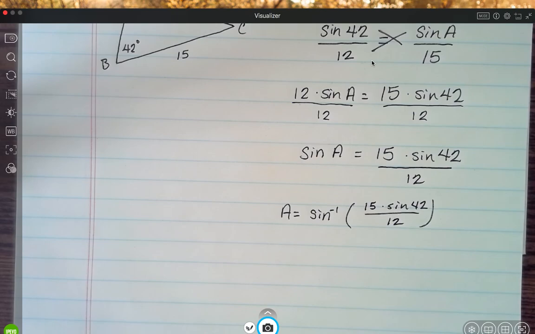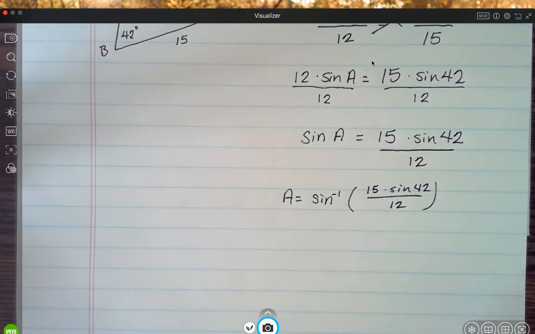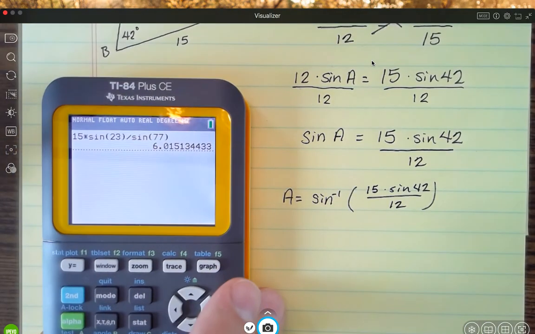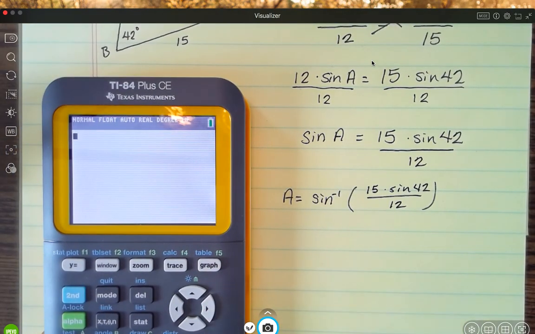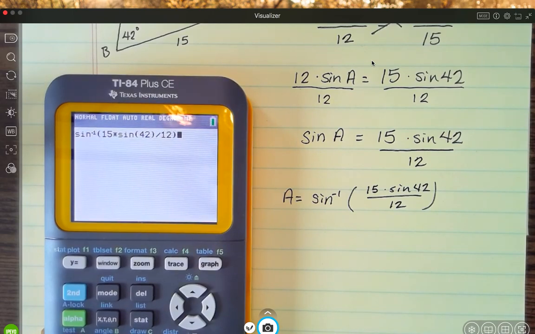So it looks pretty ugly, but really once I get to this point, it's just plugging in my calculator. Clear this out, and I'm going to plug that all in. Inverse sine of 15 times the sine of 42, close my parentheses, divided by 12, close my parentheses, and then I plug that in.